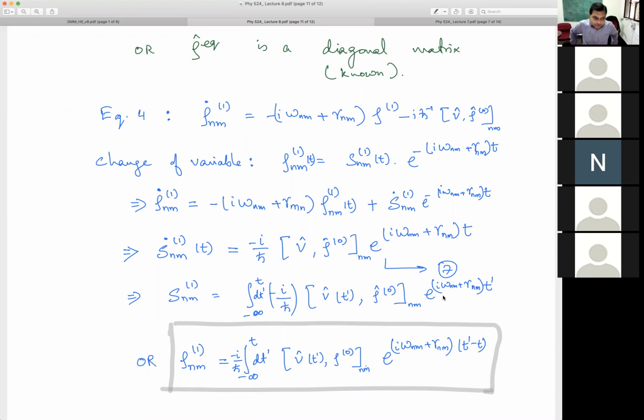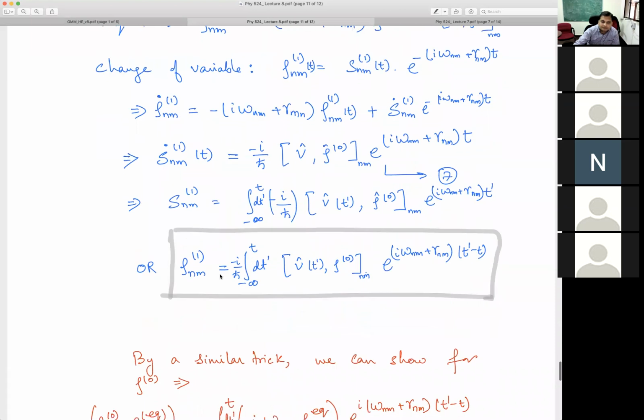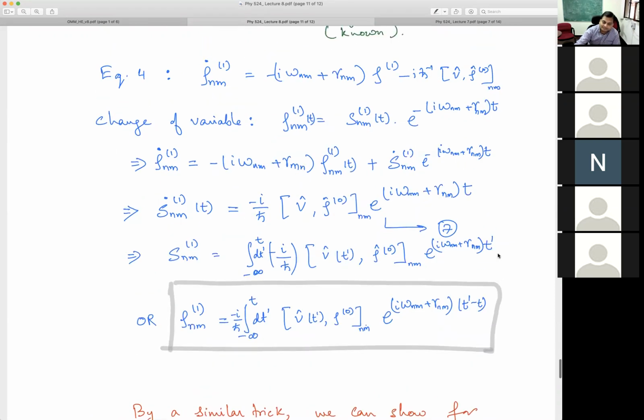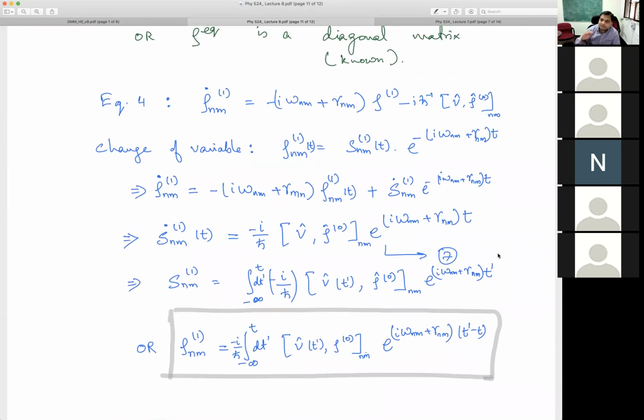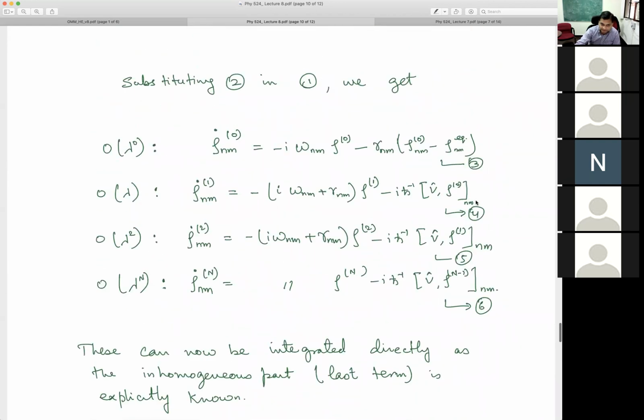Okay. So this is the solution for snm1, and I transform it back to rho nm1, and you will get the same thing, except that now I'll have to add a term with a minus t, and that just becomes this factor, e to the power i omega nm plus gamma nm, t prime minus t. So that's your perturbative way of solution. And now that I have rho nm1, I can go back and do the same trick for the previous equation, and I can solve the second order term, and I can keep doing this order by order.